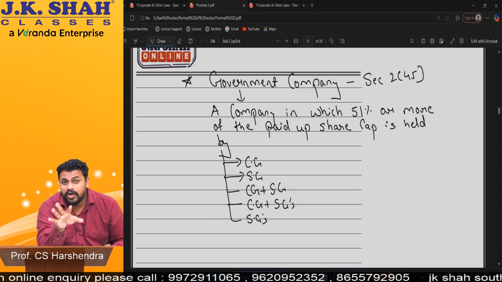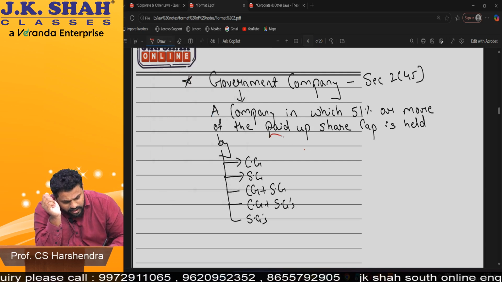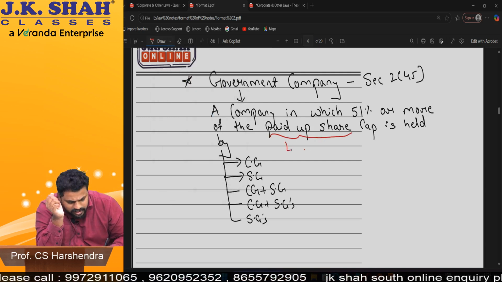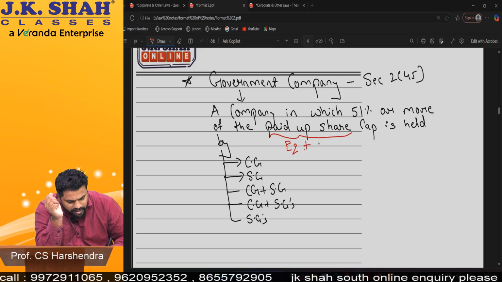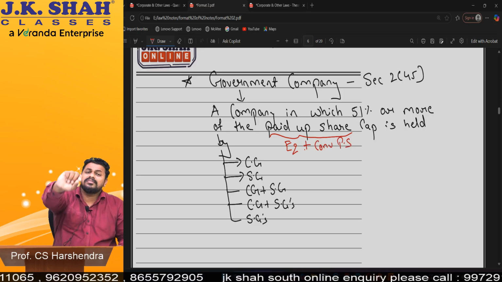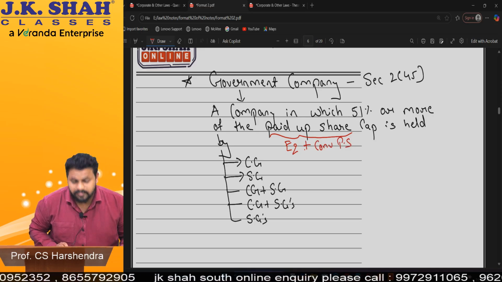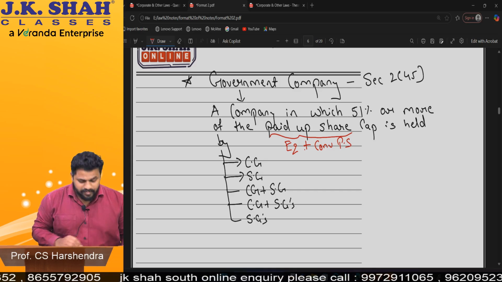When you quantify 51%, very important here also, when you say paid up share capital, you have to consider equity plus convertible preference shares. Am I clear? Sir, examples of government company.